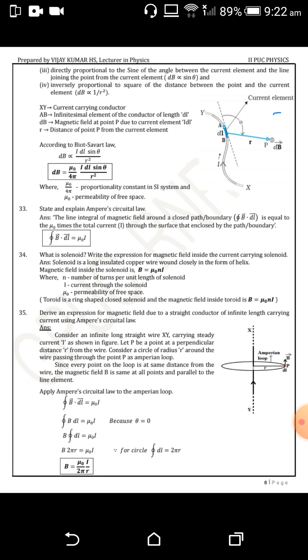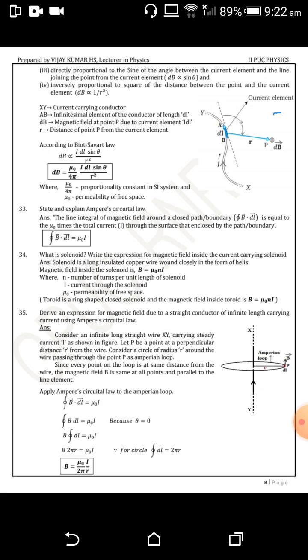That itself is called the solenoid. Next, the expression for magnetic field inside the current carrying solenoid comes out to be B is equal to mu naught nI, where n is the number of turns per unit length of the solenoid, I is the current through the solenoid, and mu naught is the permeability of free space. So this is regarding the solenoid.